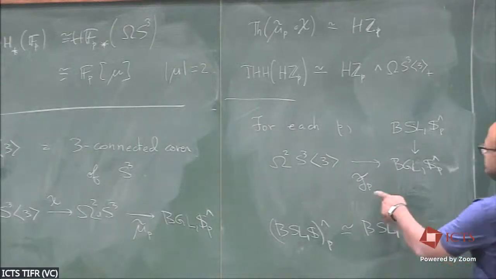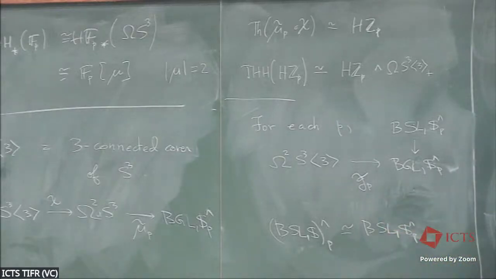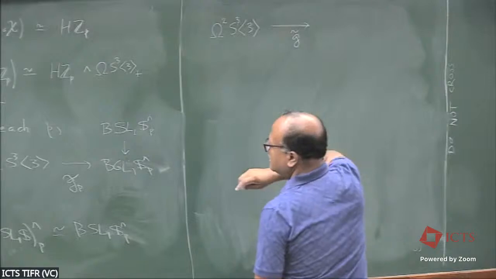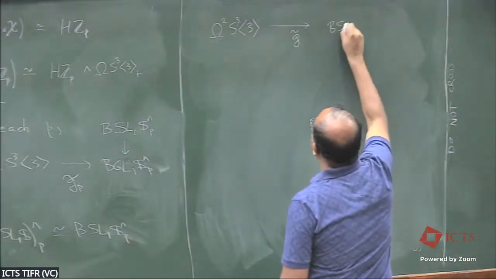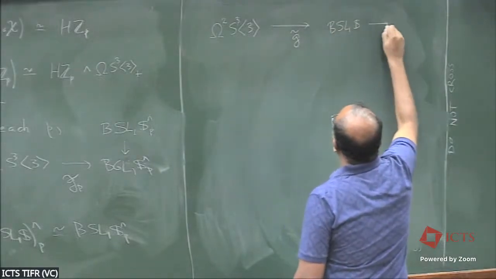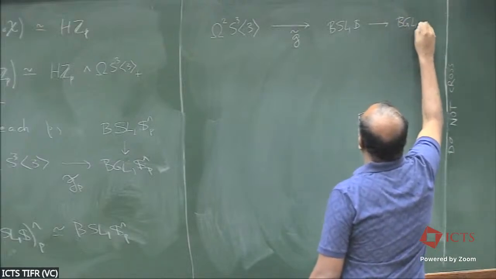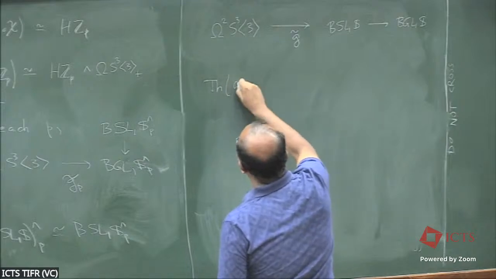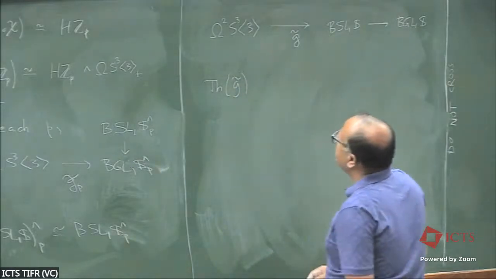All these G_P tilde come from a map from omega 2 S3<3>, G tilde, to BSL1 S.